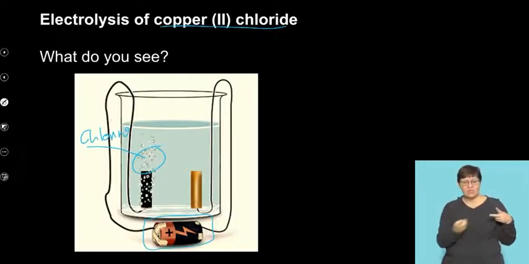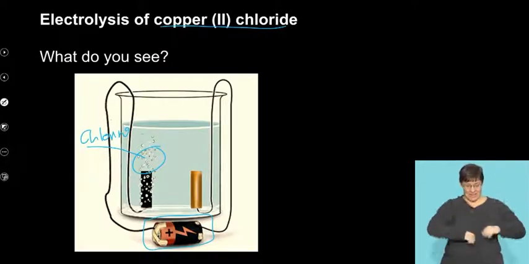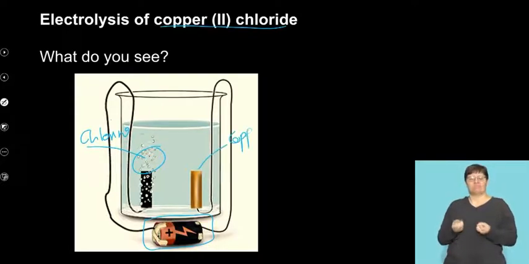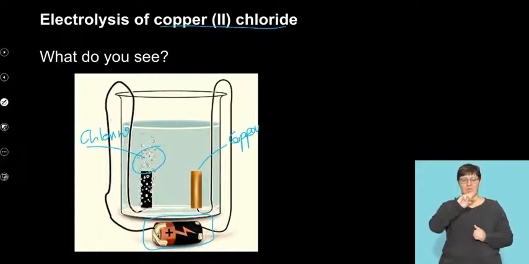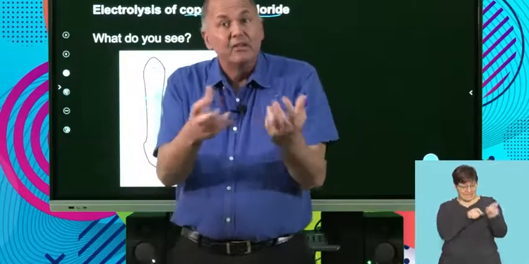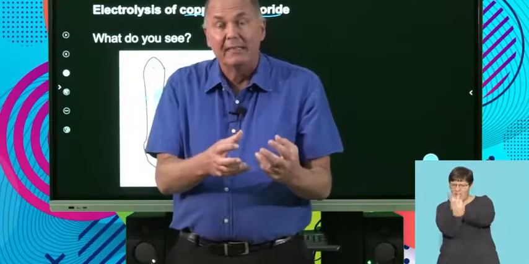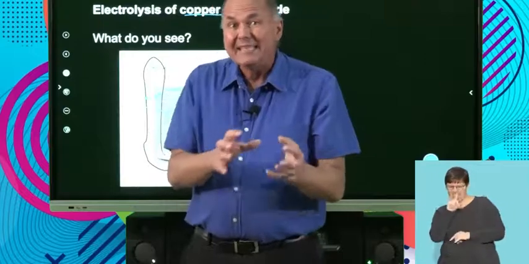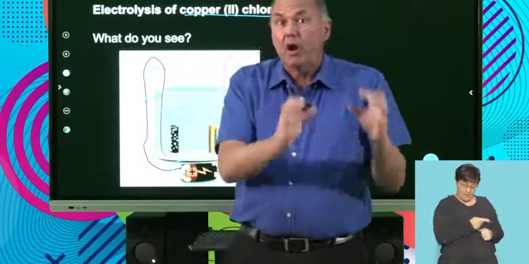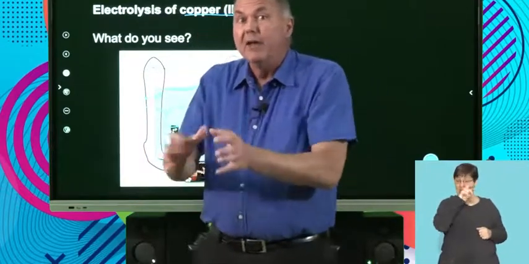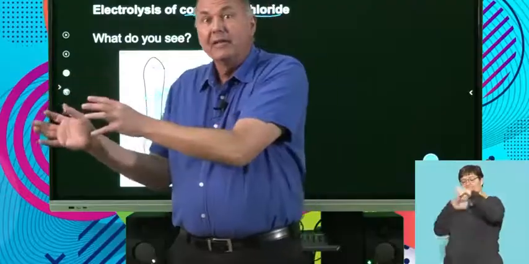That source is a battery that's allowing a movement of charge, and at this electrode we're getting some copper being deposited. So the graphite electrode, which was black, has now changed to that orangey copper sign. So we can see that when we started with copper(II) chloride, we've now got copper and chlorine gas.